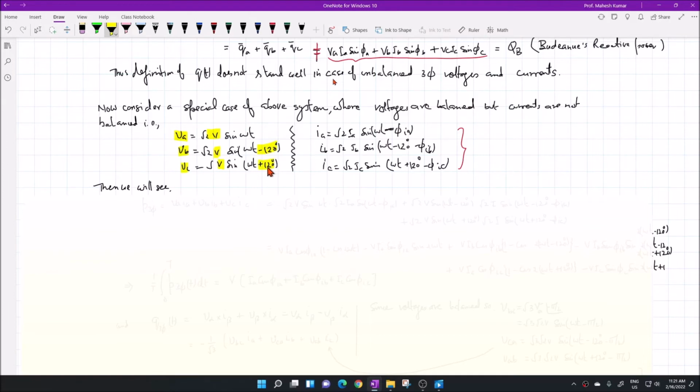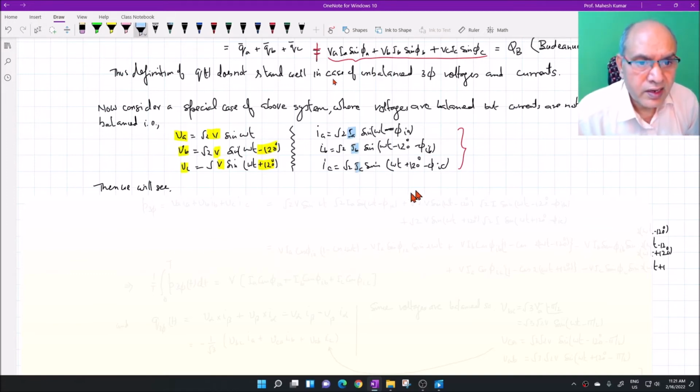And if you see the current, then the current is having different RMS values, that is IA, IB and IC, and the angles are also unbalanced. This is phi IA, this is phi IB, this is phi IC.